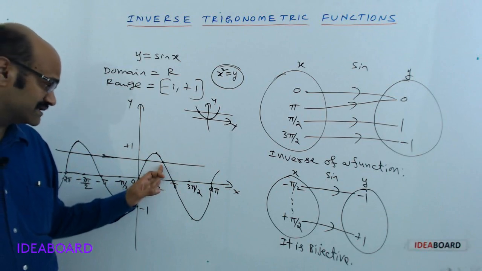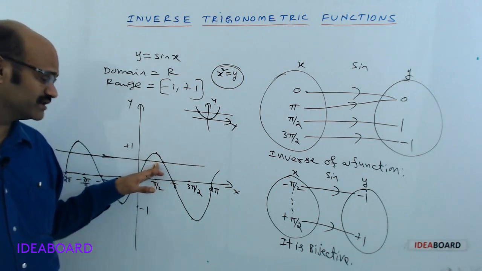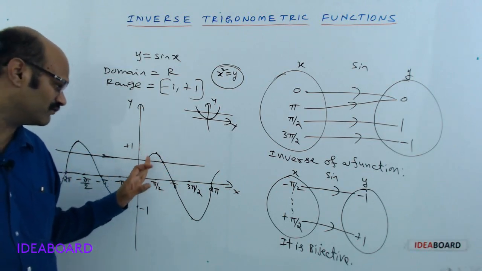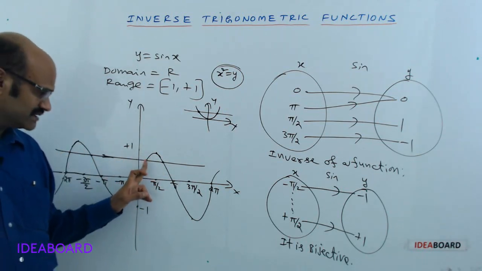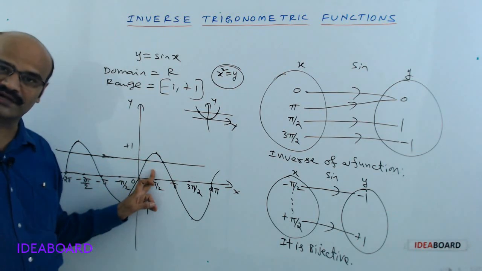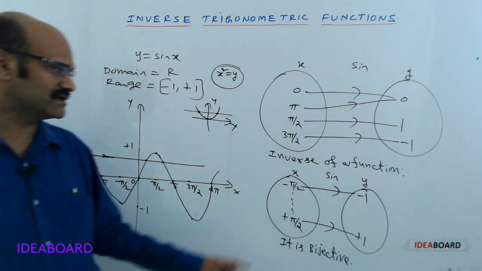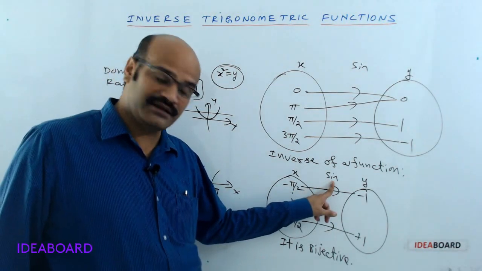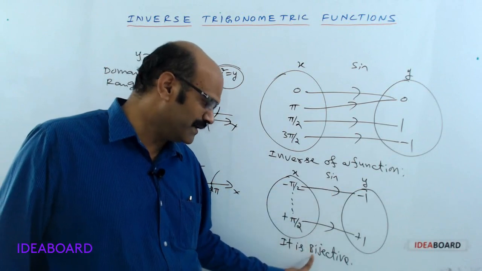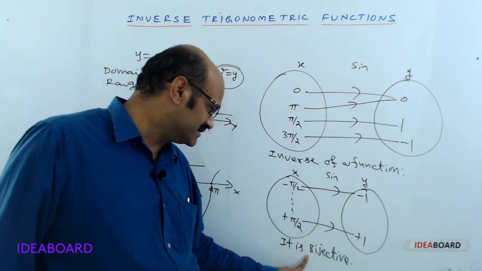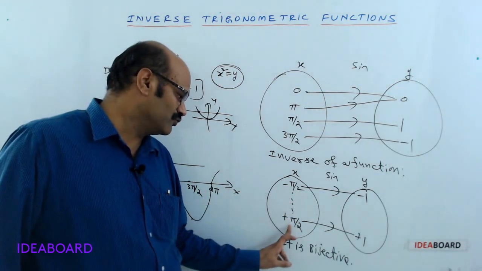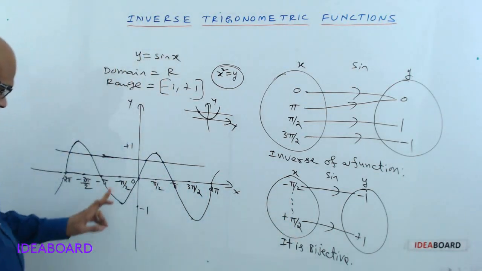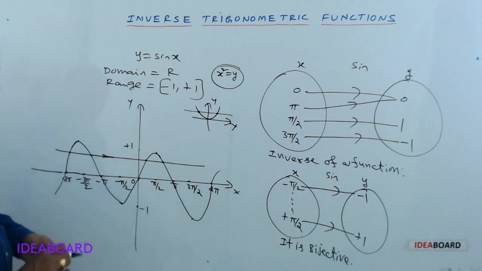So if it cuts at more than 1 point, it is not one-one. Since it is not one-one, it is not a bijective function. To define the inverse of a sine function, clearly it should be bijective. When is it bijective? If you restrict the domain from minus pi by 2 to plus pi by 2.